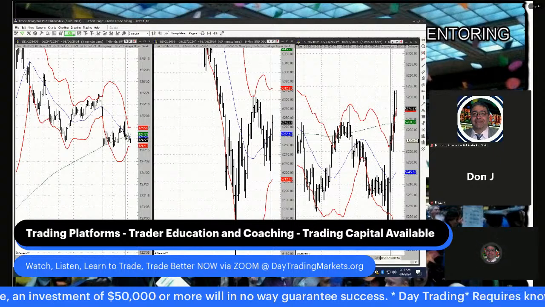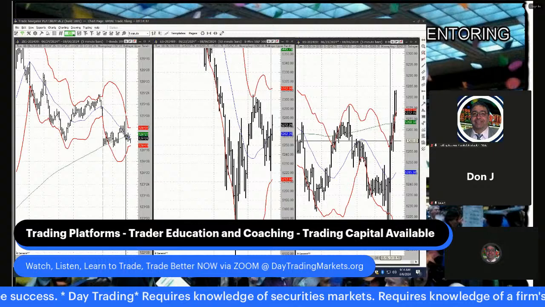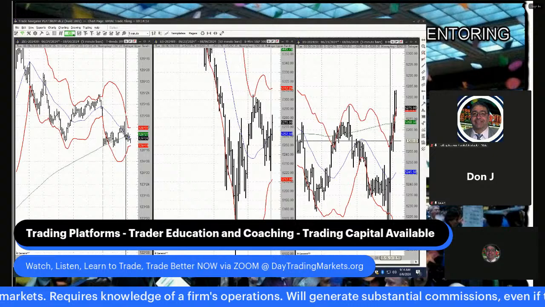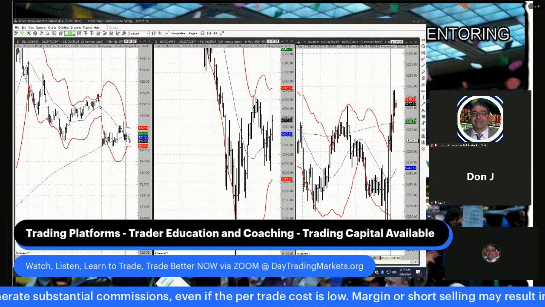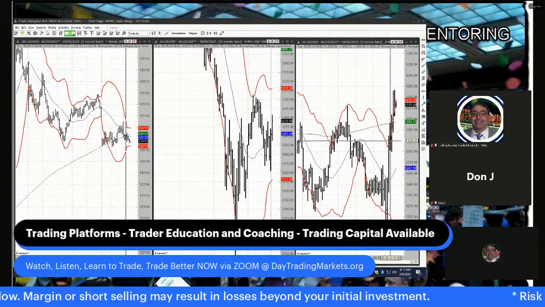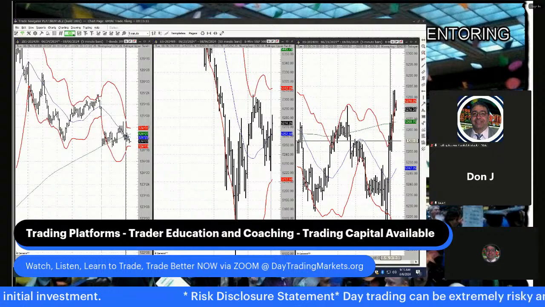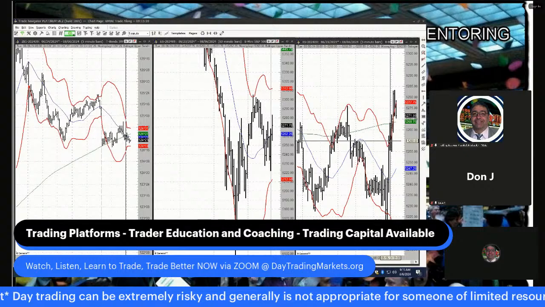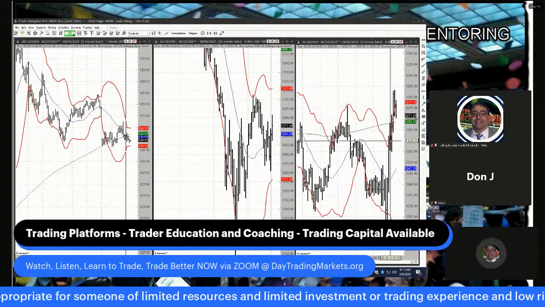VIX is down to a 28 handle, 28.33. So we can see how the volatility with this rally back up is cutting that volatility down. Downside support right now, looking at the 50 area.